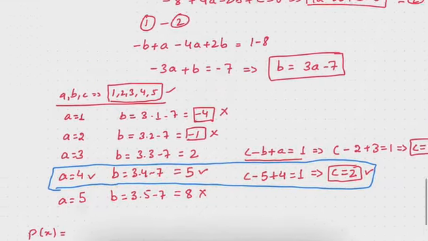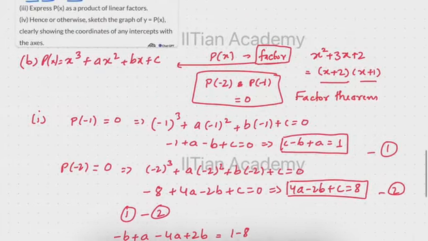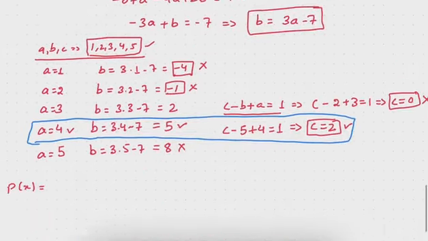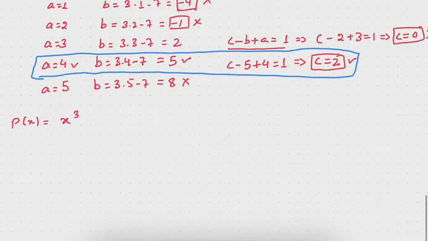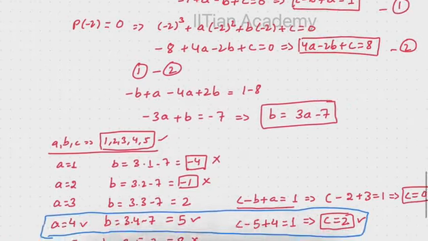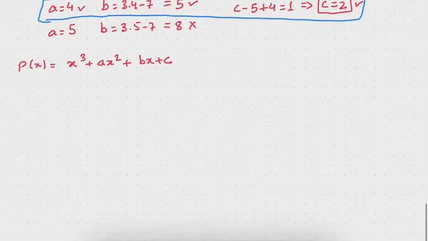Since a, b and c have been identified, the expression for p(x) was x cube plus a x square plus b x plus c.